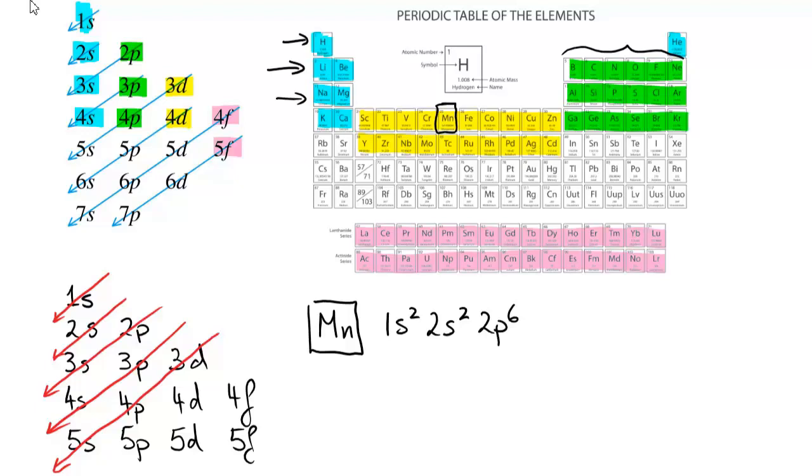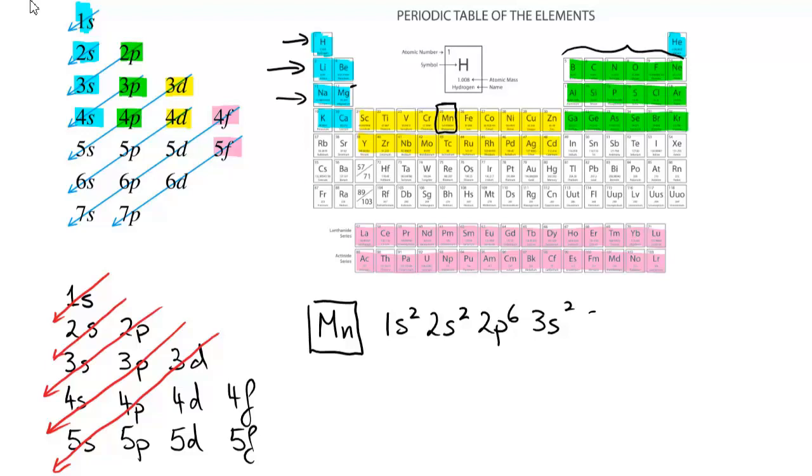So in the third one, we've got the 3s. So you can see that 3s is after the 2p. We fill in 3s. And because we're not yet at manganese, we still keep going. Then we do the 3p. And if you look at your diagram here, 3p follows 3s.